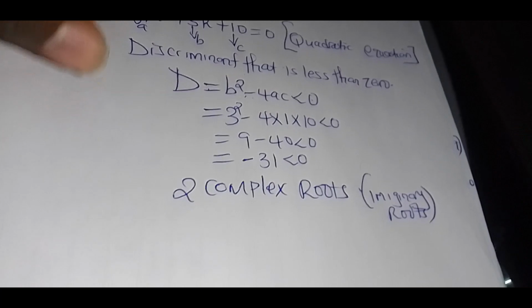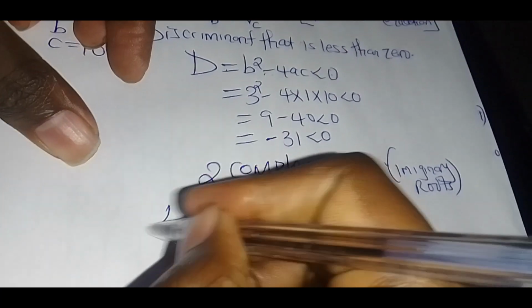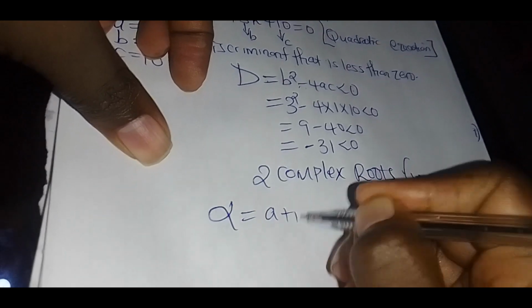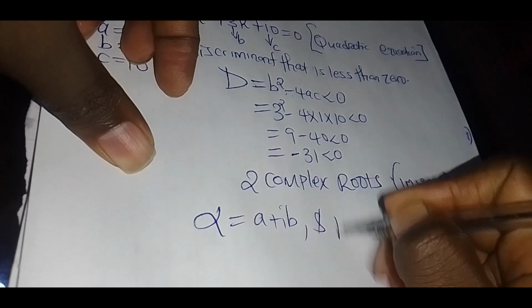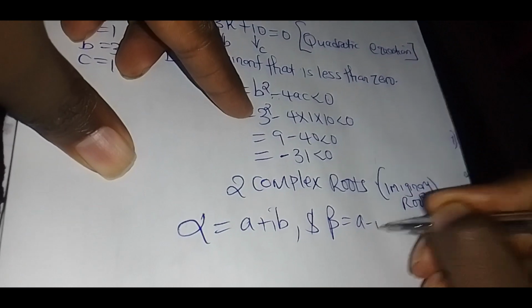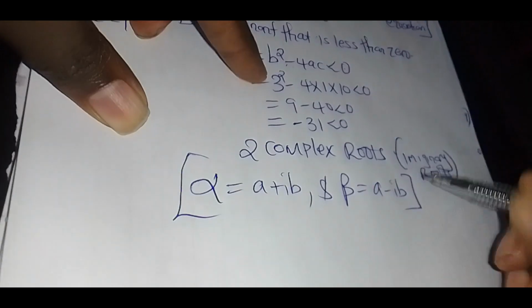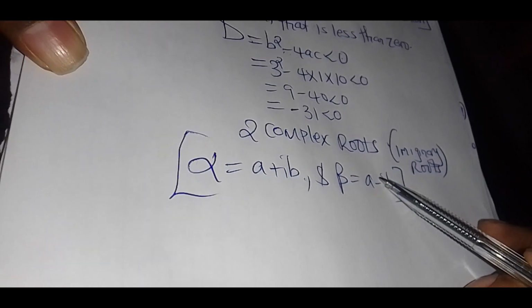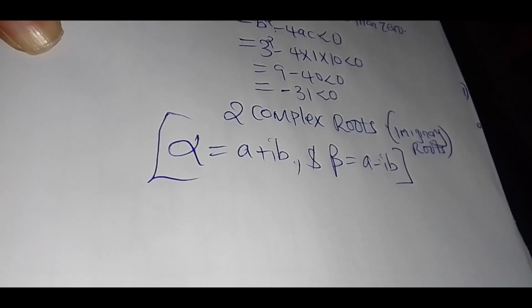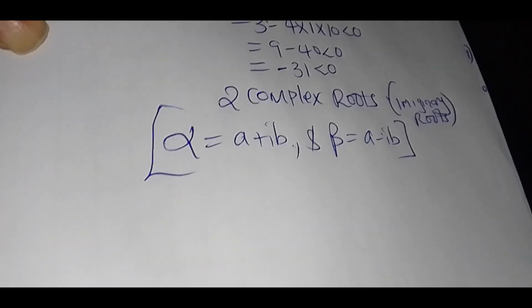And these two imaginary roots are expressed in the form of alpha is equal to a plus ib and beta is equal to a minus ib. So these are the two imaginary roots that we have. Okay, we have the real roots and we have the two imaginary.